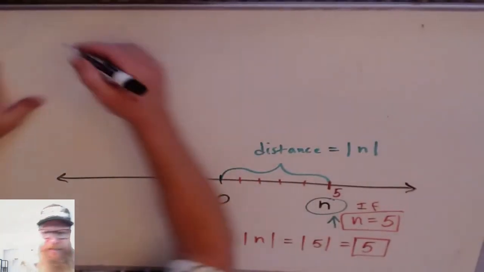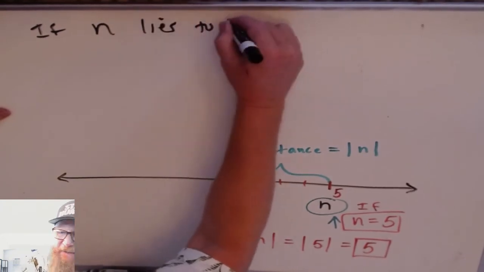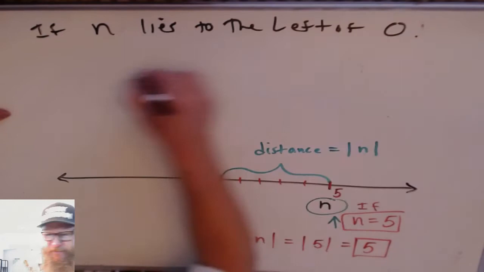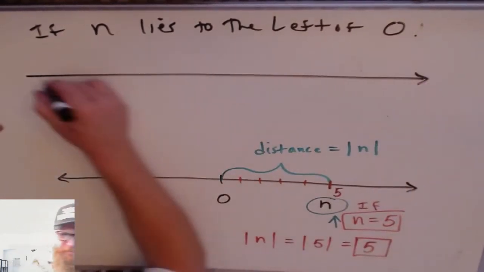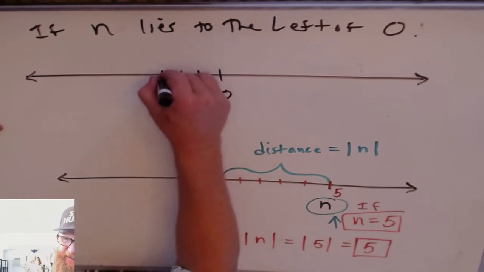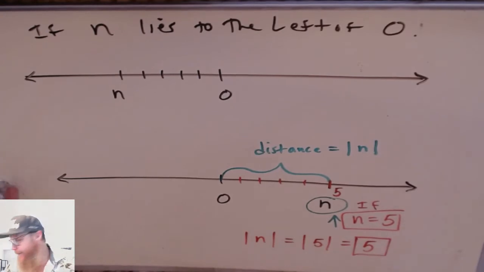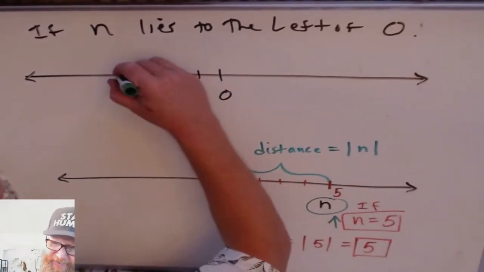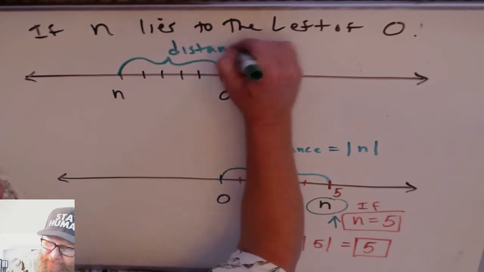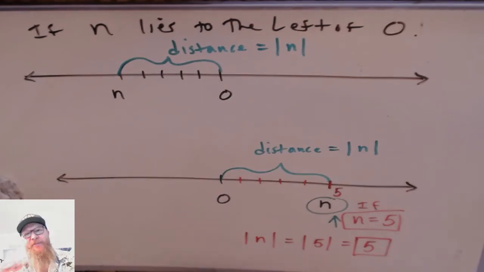So for variables, I'll switch back to, if n lies to the left of 0, we still call it n. And so this distance, we're not going to call it the absolute value of negative n. We're going to call it the absolute value of n.